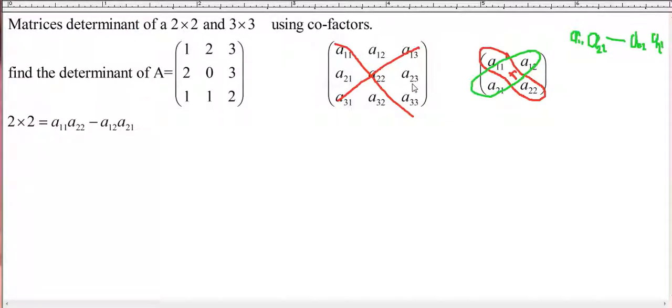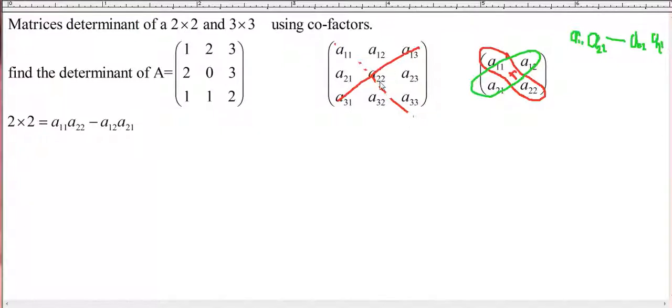Before we do that, we also have to assign signs, either plus or minus. The signs alternate between the entries, depending on the position of the entry that we are dealing with in the matrix of cofactors.